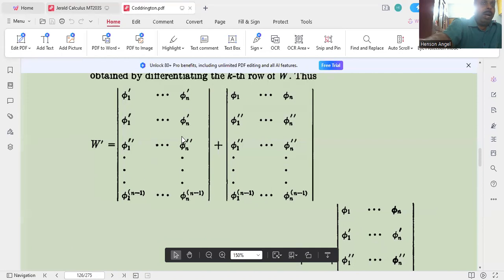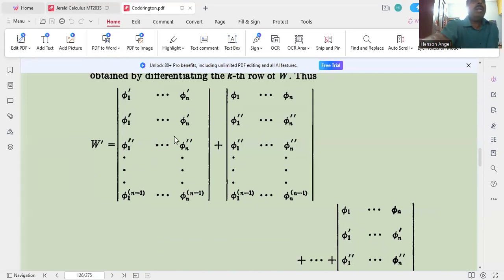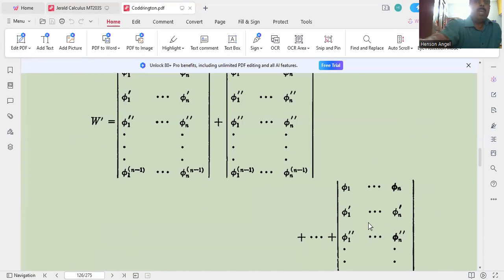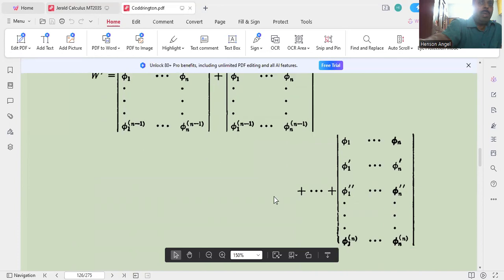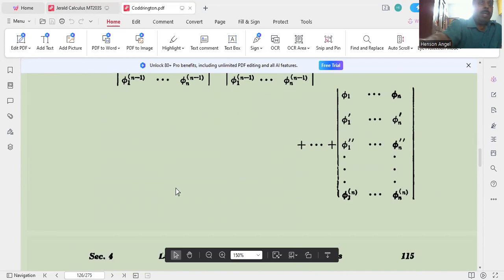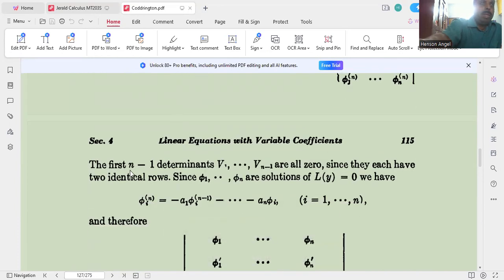The first n−1 determinants V1, V2, ..., Vn−1 are all 0, since each has two identical rows. So W' equals only the last determinant.